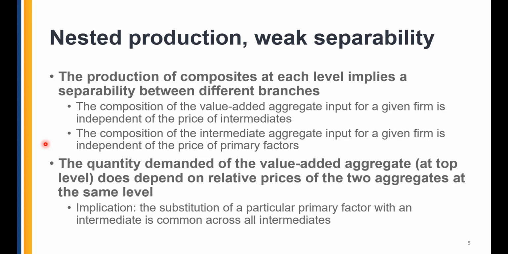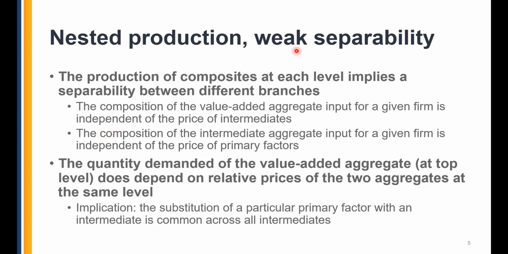And those conditions largely depend on the substitution possibilities between all of the inputs. Well, when we impose weak separability and the CES function, we reduce the amount of unknown parameters that we have to make. And so that's more of an advanced topic that we'll try to talk about a little later.